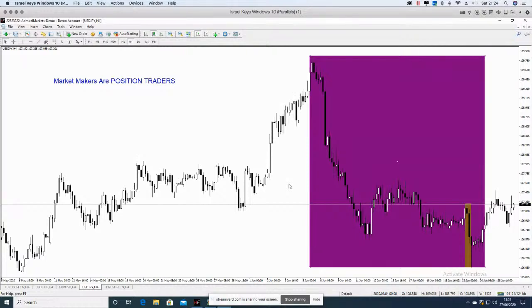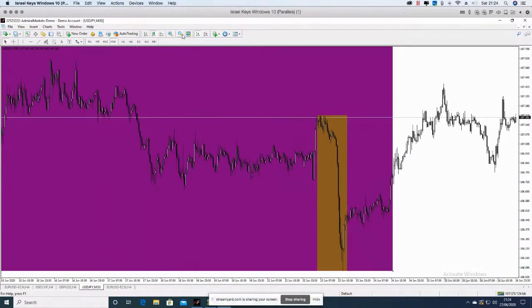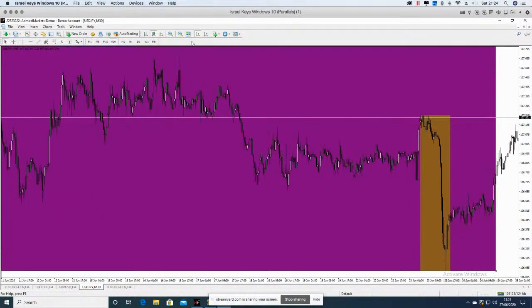And what I'm going to do now is go back to the 30-minute chart. And you can see now that while you are in this section on a 30-minute chart, it is very easy to miss out on the big picture of what is going on.